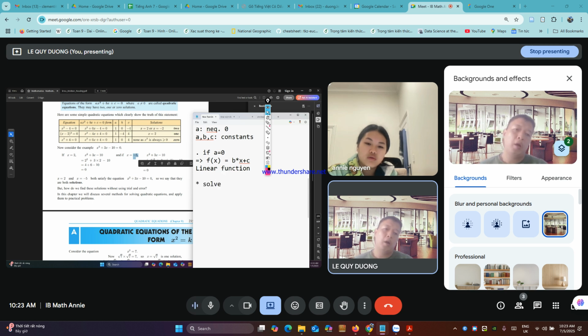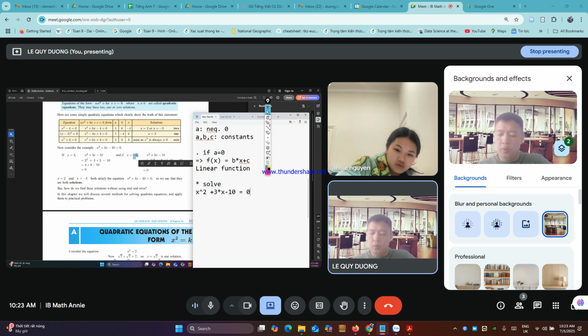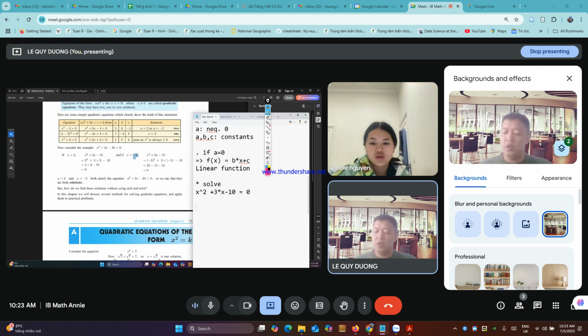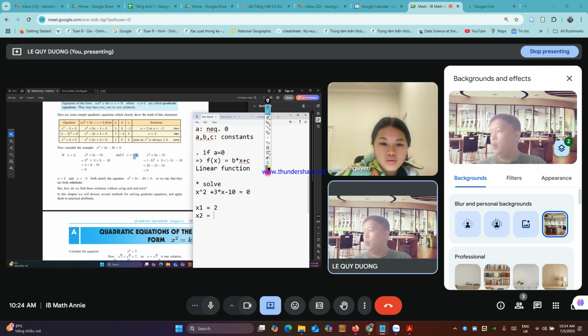In high school we can solve this equation with simple methods like addition and subtraction. We know that there are two solutions to the problem, x1 equal to 2 and x2 equal to minus 5.